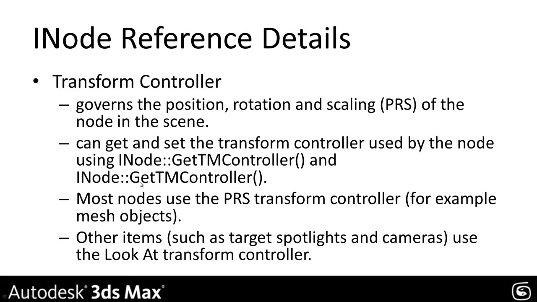And I see a typo here, I'm sorry about that, that should be set instead of get. So again, most nodes use this PRS transform controller, for example any geometry like mesh. But there are some other items such as the target spotlights and cameras that have targets. They use a different one that's called the look at transform controller.